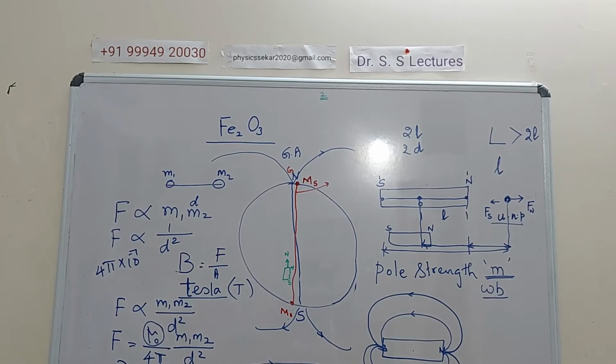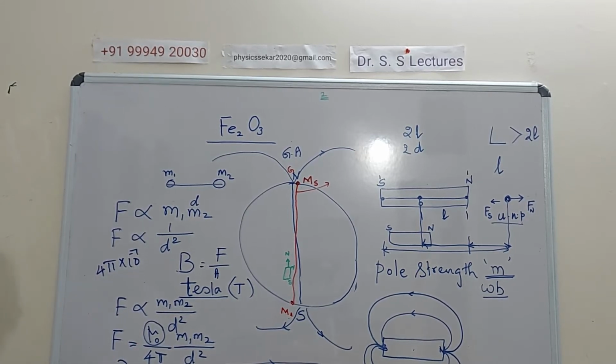See, it is a simple concept. The force in Newton, this d square meter, Newton meter square by Weber square, this is the mu 0 value. When you consider the force experienced by a unit pole, even then 1 Weber becomes the unit for that.